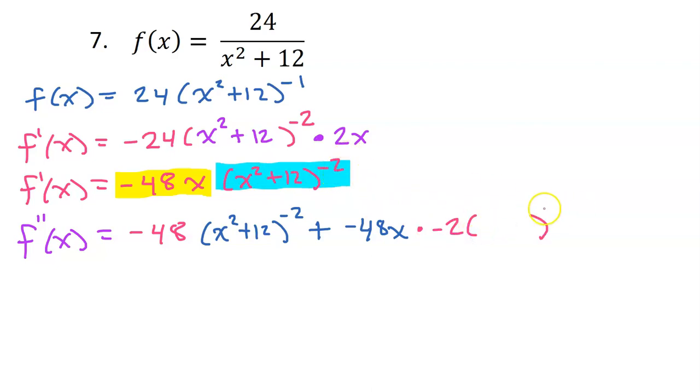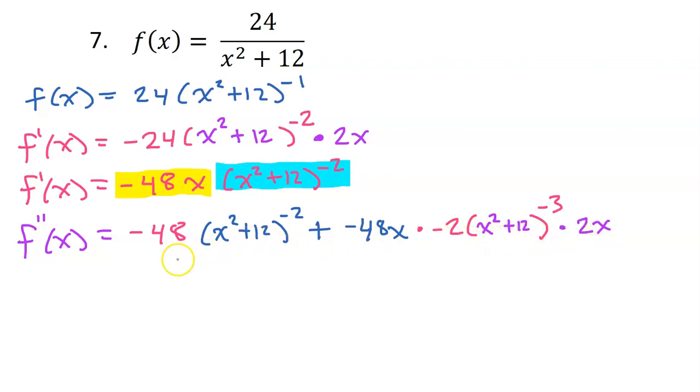Okay, subtract 1, so that'll be negative 3. Write the inner function down, so I have x squared plus 12. And then I must multiply by the derivative of the inner function because of the chain rule. So I will multiply by 2x.